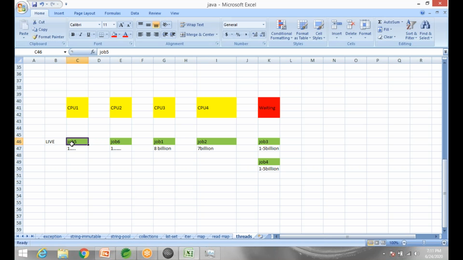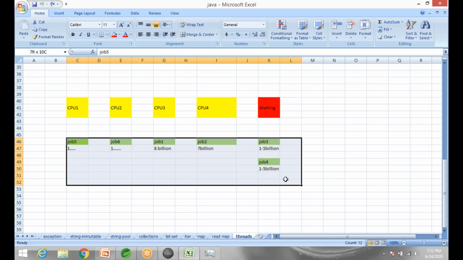Let's say it dedicates maybe half a second to job 5, and then it switches over to whatever is waiting in the queue, job 3. After job 3 has half a second with CPU 1, it pushes it back to the back of the queue and picks the next one, job 4. So this goes on forever, and you will find this as your multitasking illusion.